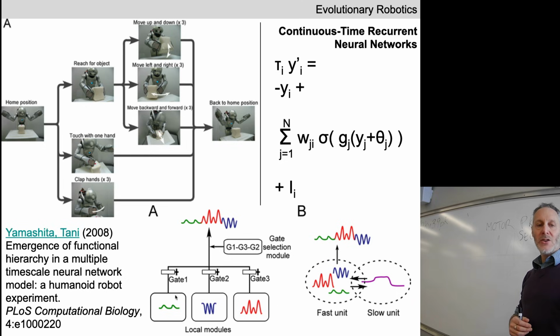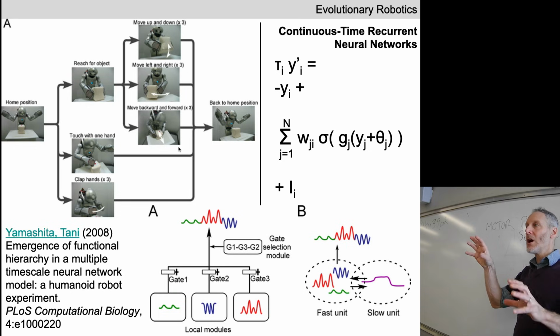So the investigators, when they taught their little robot here to do three different motor primitives, left, right, up, down, forward, back, they didn't build three separate neural components. What they did instead is to evolve the taus, the g's, and the w's, and the thetas, so that they would get some neurons that changed quickly.